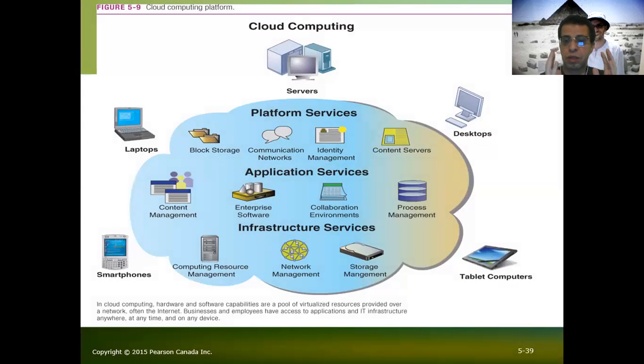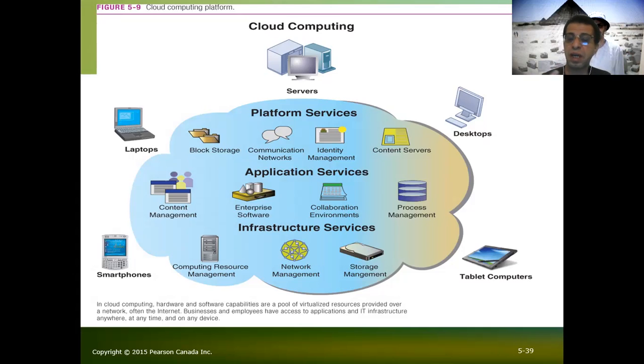In cloud computing, as we said, there are the servers, and then you have desktop users, laptop users, smartphone users, tablet users, all these kinds of users. And the servers are also part of the users. Then inside the cloud, there is the platform service, which is the storage, the communication network, the identity management, the content servers and content management.